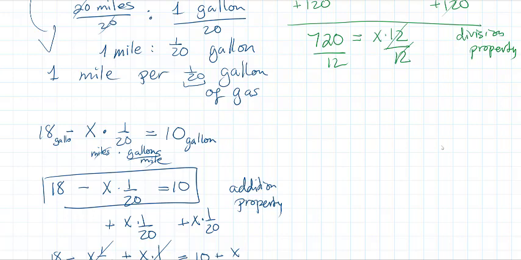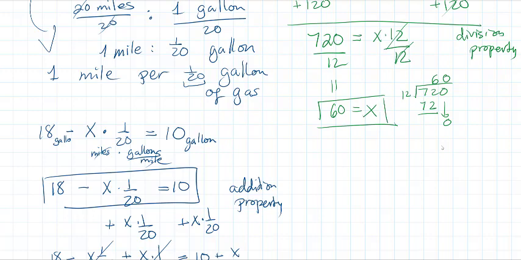Those two cancel. What is 720 divided by 12? Well, 12 goes into 72 6 times. 6 times 12 is 72, and we get 1 0 here, and so that equals 60. So this equals 60 equals x. So our result is that x equals 60.